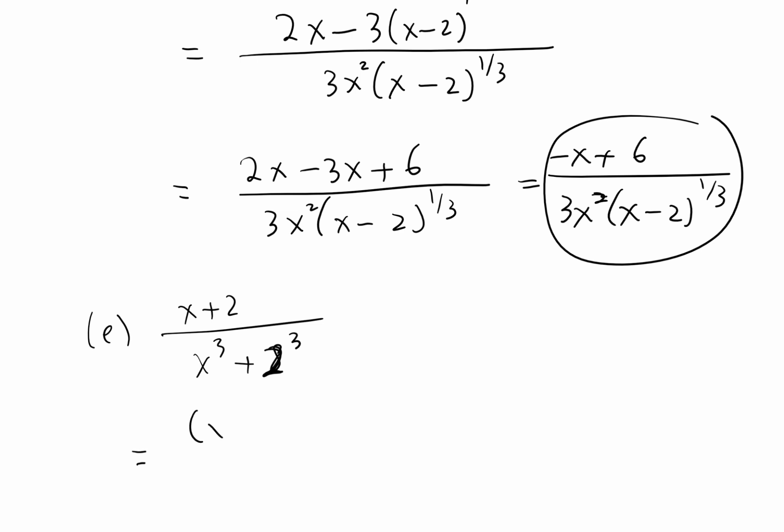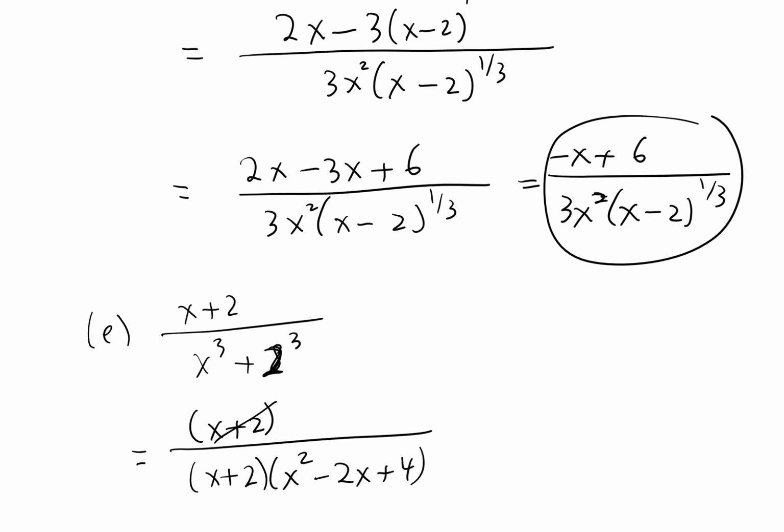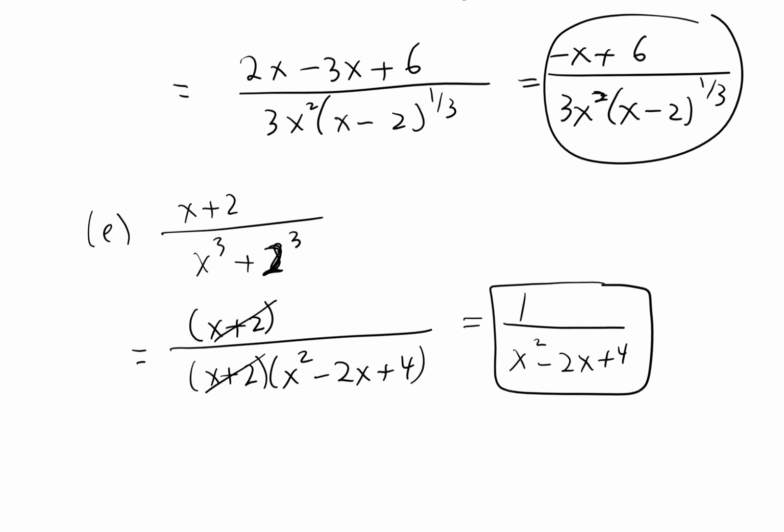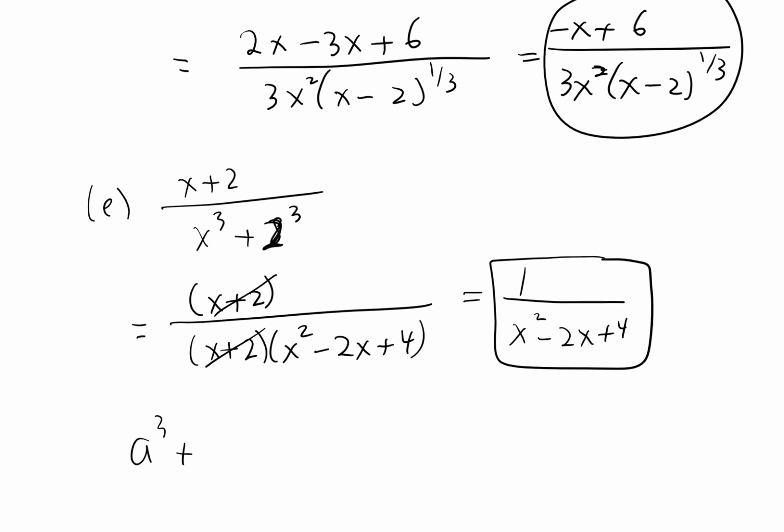So that becomes x plus 2 times x squared minus 2x plus 4, if you remember the formula for a cubed plus b cubed. What I did was use the formula for a cubed plus b cubed, which is a plus b times a squared minus ab plus b squared.